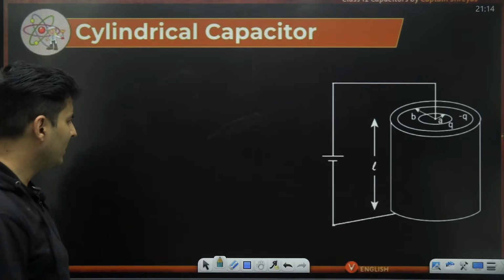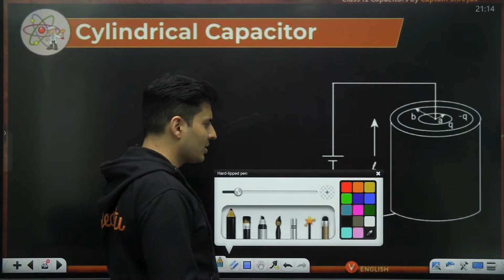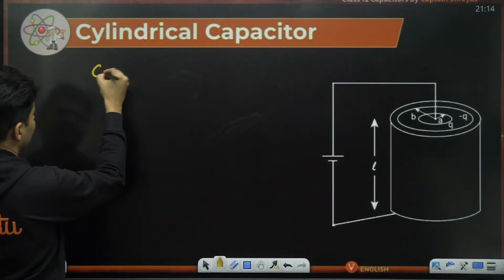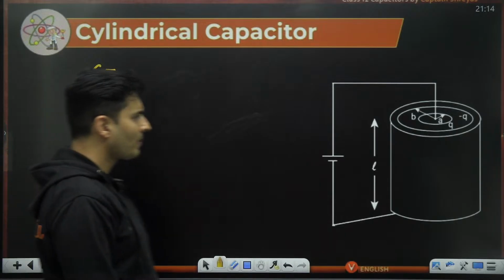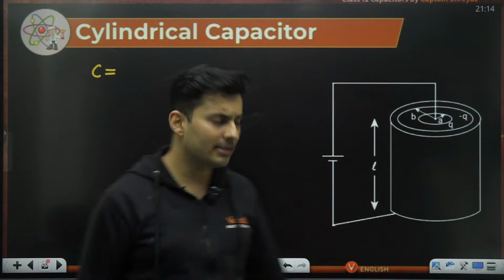Cylindrical type of capacitor. The derivation is very much similar. Somehow show the charge is proportional to the voltage. And the main point is that the cylindrical capacitance comes out as follows. A cylindrical capacitor is made of two concentric cylinders.